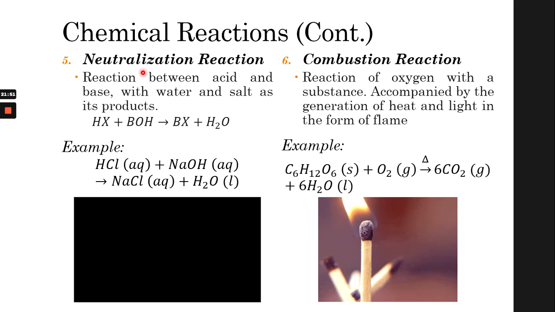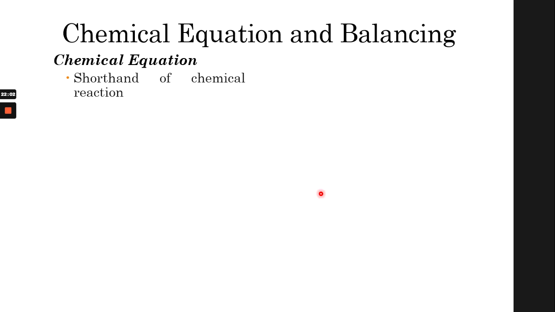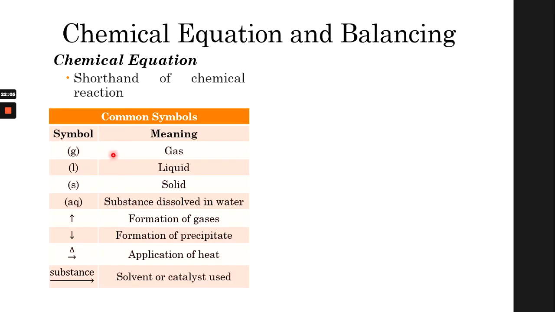These things right here are the chemical equations, and they help us visualize how our reactants turn into our products. It's very helpful in chemistry. And we use a lot of symbols. Every time you see G, L, S, and AQ beside any of the elements, that basically means that the element or compound is in gas form, liquid form, or solid form.